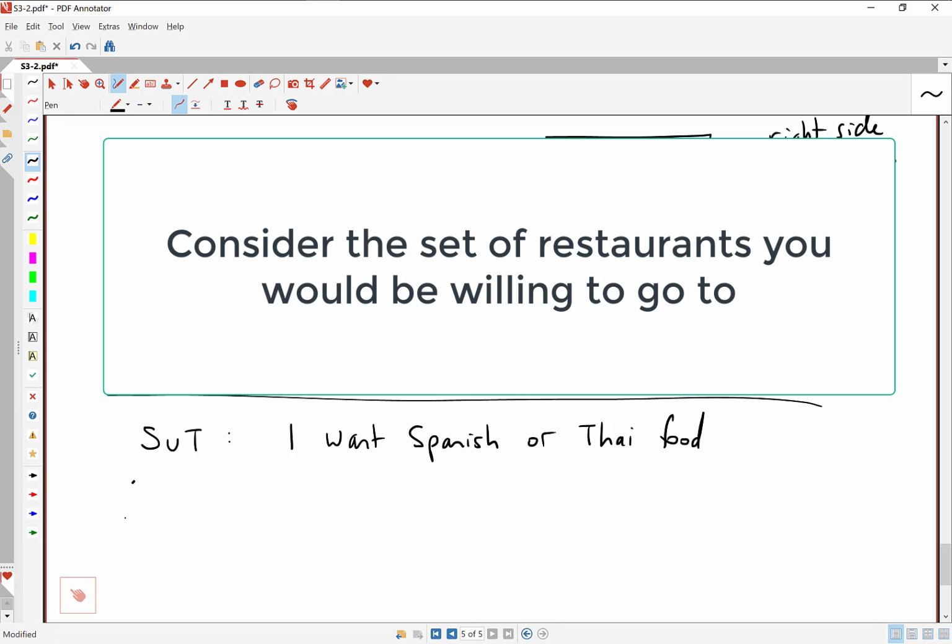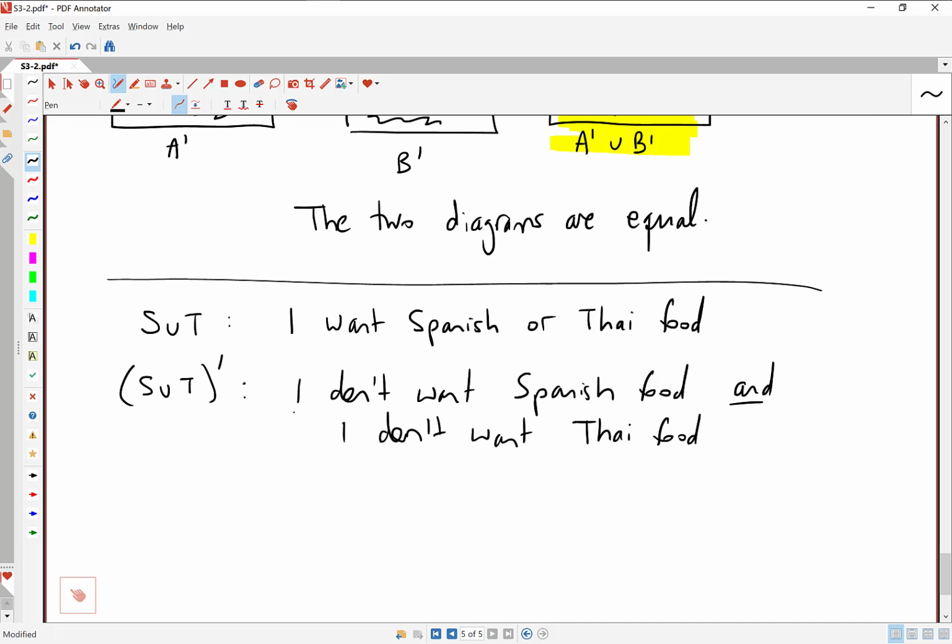Now, if you negate that, so we're saying the complement of S union T, well, the negation of an or is actually an and. The negation would be, I don't want Spanish food and I don't want Thai food. And if we re-express that, then we could say, oh, that means the complement of S union T is really the complement of S intersected with the complement of T.